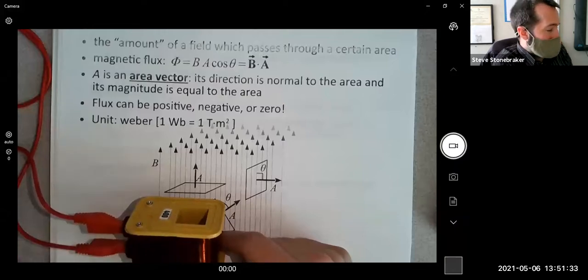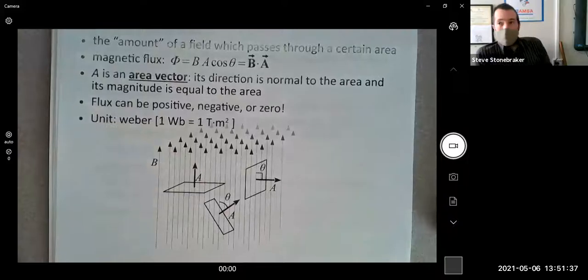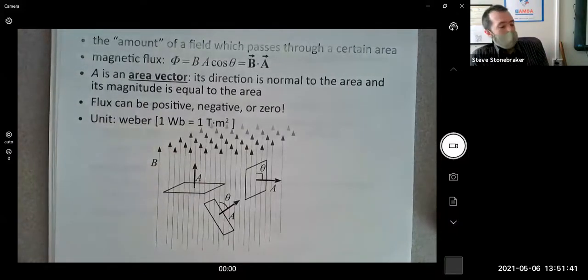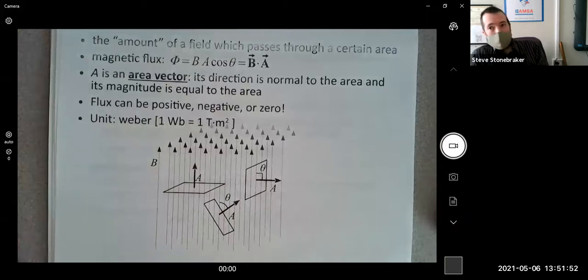And you saw in the demo when I had the meter in view that I only got a voltage, or a current, while I was moving things around. So we have to keep track of not just the flux itself, but also the way the flux is changing. If the flux is changing, if it's getting stronger or weaker, that is what leads to these electrical currents forming.